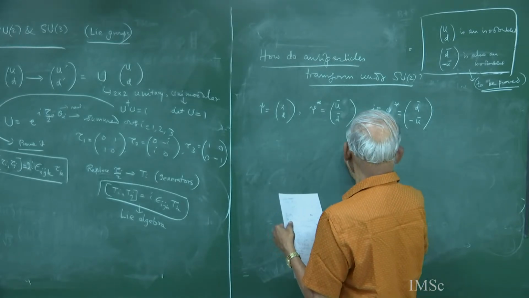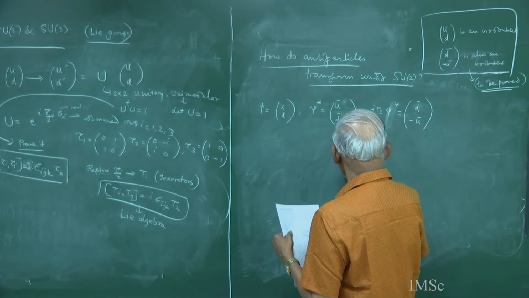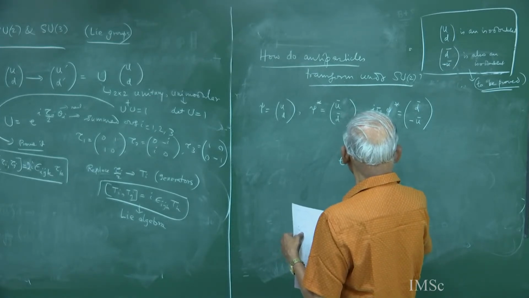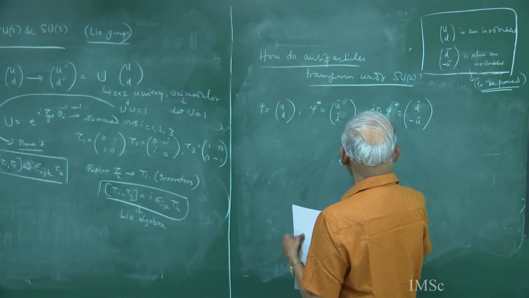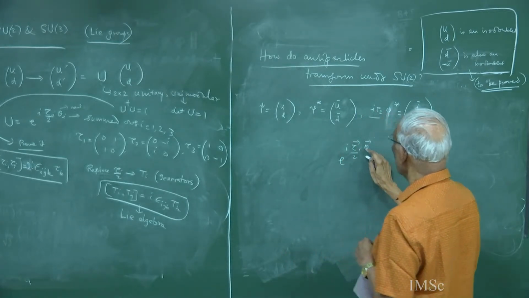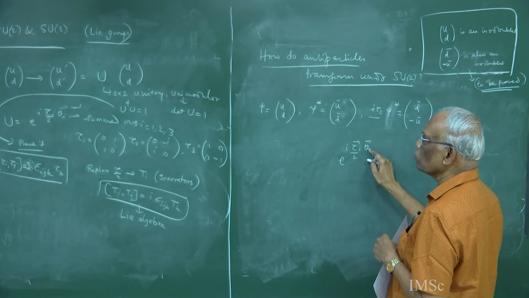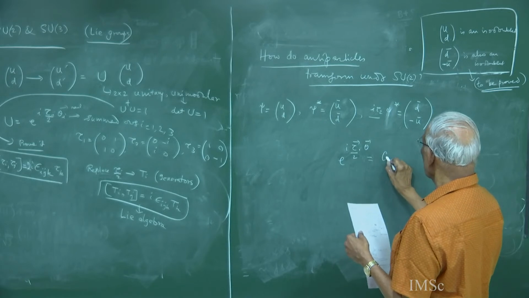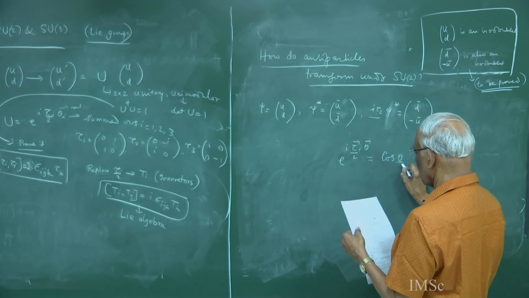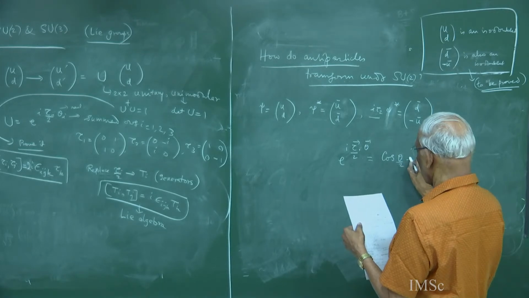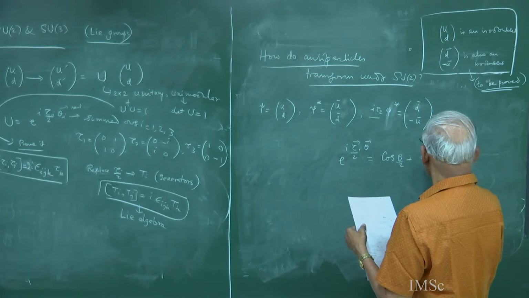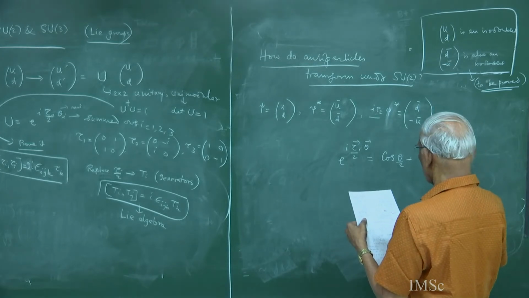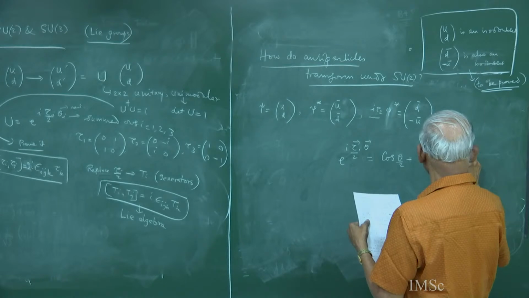I have to look at the U matrix, exponential of i tau dot theta vector. This is a vector in isospin space, so it has three components: tau 1 theta 1 plus tau 2 theta 2 plus tau 3 theta 3. This is our U matrix. Now, please do this as an exercise. Show that this is cos theta by 2, plus i tau dot theta unit vector sin theta by 2.